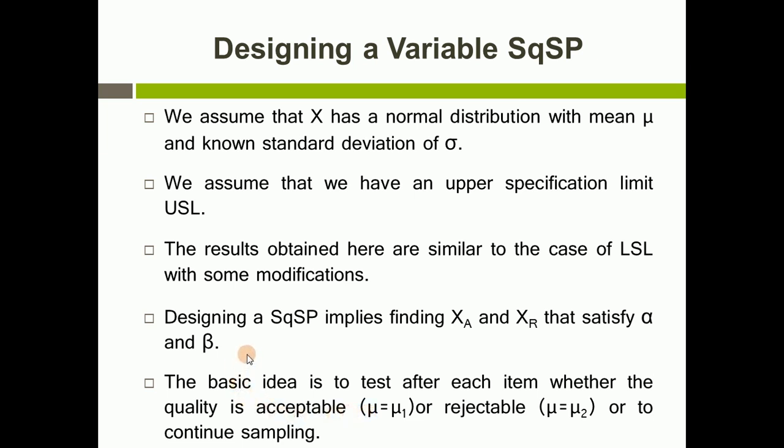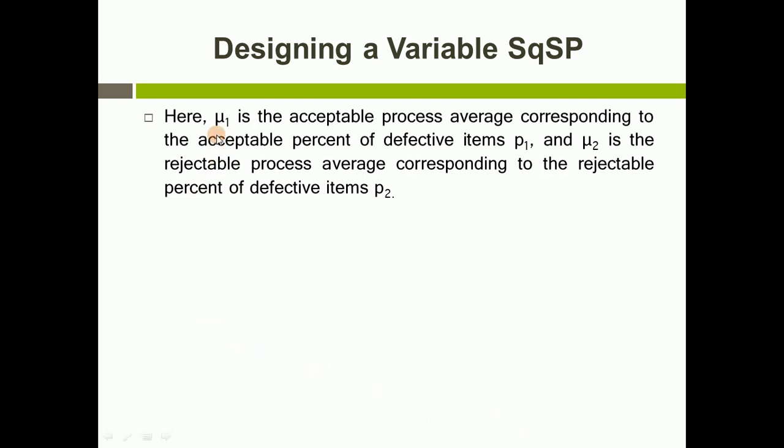If we talk about the acceptable quality, we refer to it as mu1, and if we talk about the rejectable quality, it is referred to as mu2. Mu1 represents the average of the quality characteristic that corresponds to the existence of P1 defective items in the lot, where P1 is an acceptable percentage of defective items, while mu2 represents the average that corresponds to the existence of P2 percent of defective items, where P2 represents the rejectable level of defective items.